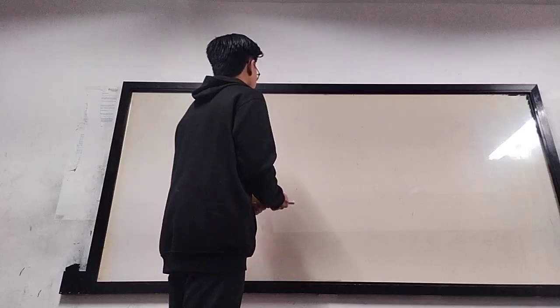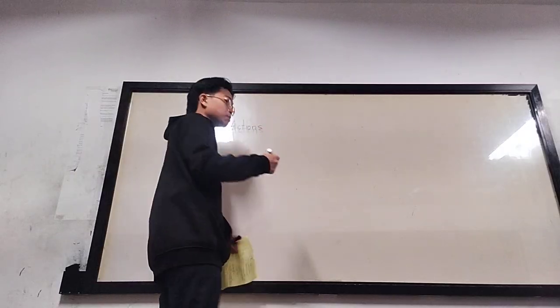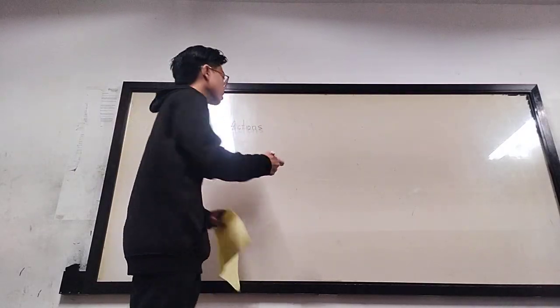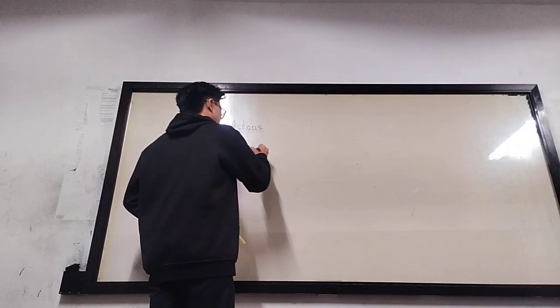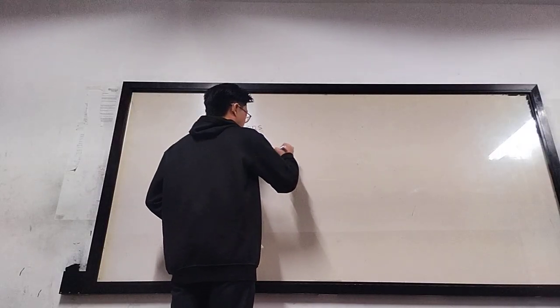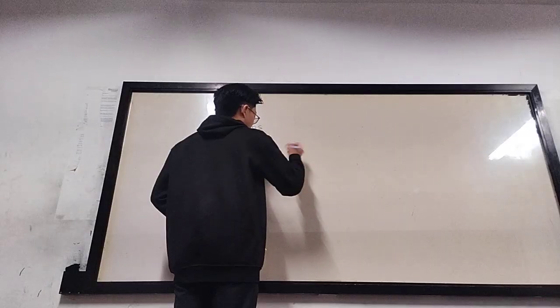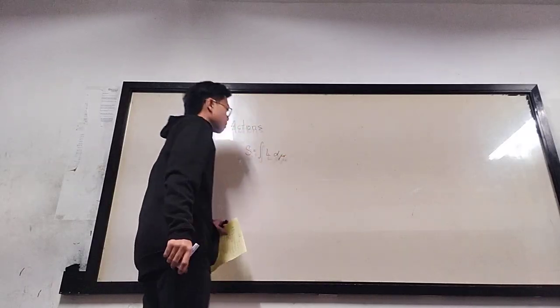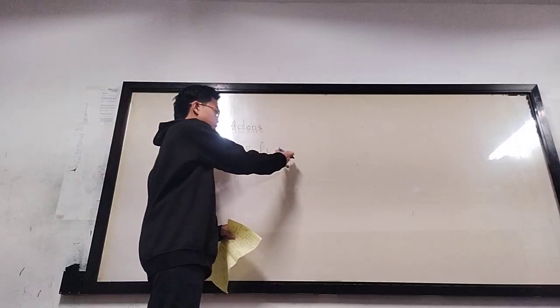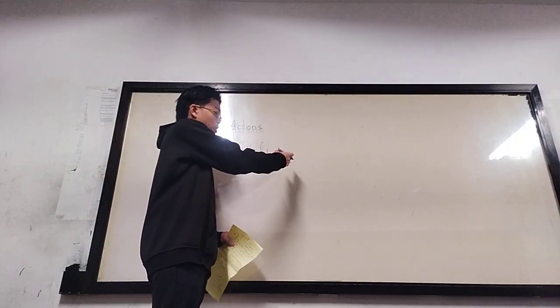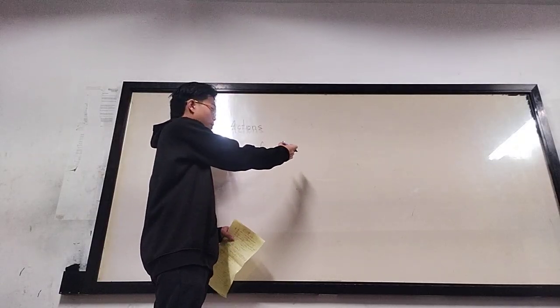So, what exactly is an action? An action is some scalar quantity or function which is simply the integral of the Lagrangian with respect to some parameter. I'll call it d mu, where d mu is some parameter along the world line of my particle.